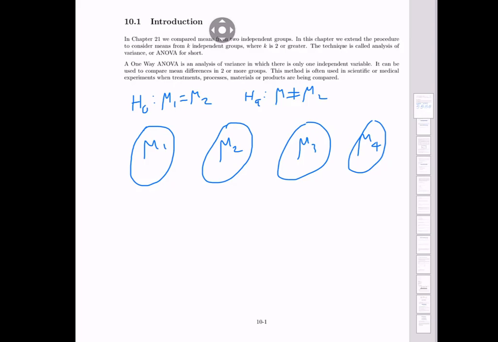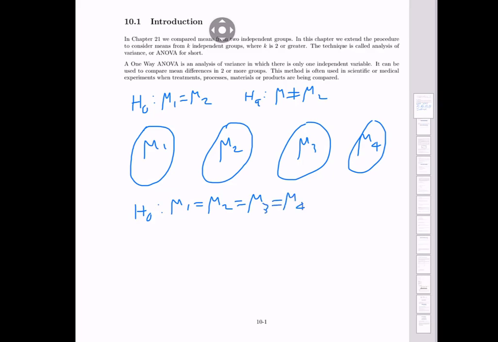So how do we use hypothesis testing for this experiment? I need to check whether the average test scores of all 4 classes are the same. In other words, mu1 equals mu2 equals mu3 equals mu4.